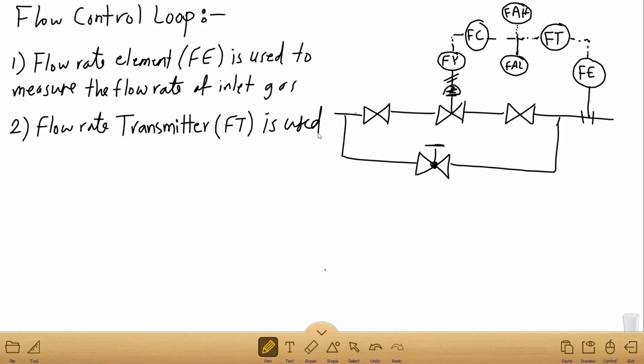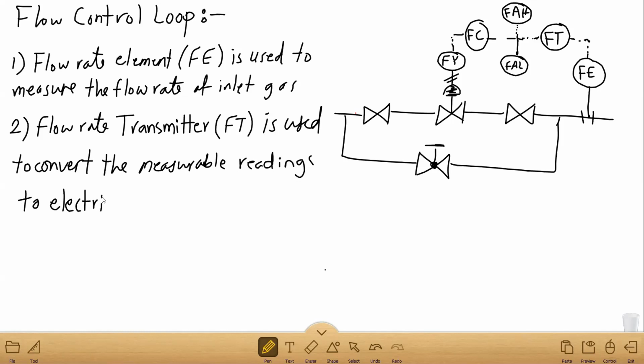As we discussed in the presentation, it's used to convert measurable readings, as we discussed later.